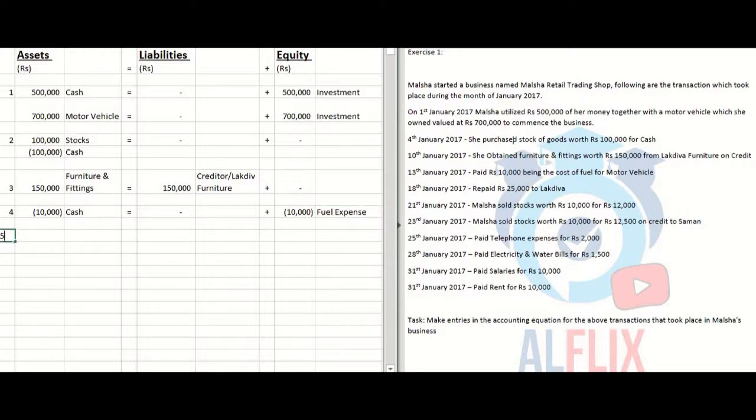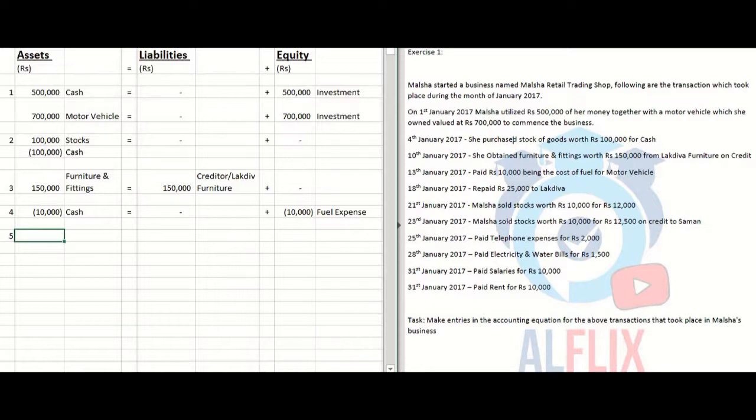Number 5. 18th January 2017, repaid rupees 25,000 to Lakdiv. So here initially we had purchased furniture and fittings from Lakdiv Furniture worth rupees 150,000. Now we are settling 25,000 of the owing amount to Lakdiv Furniture.